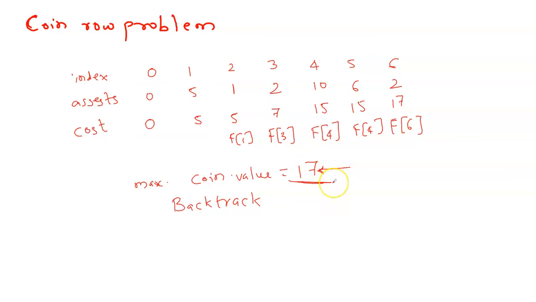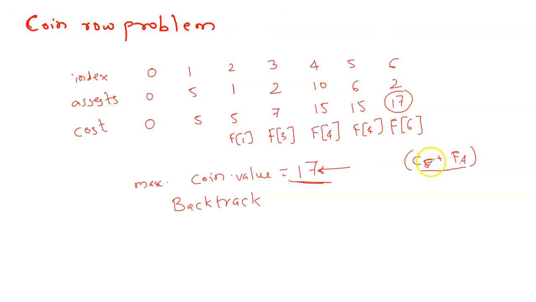Okay, right. So now let us see here. How to backtrace? You can see here, this 17 we got it from, sorry, the cost of the sixth coin, that is C6 plus F4. So we got this 17 value from this. It indicates that once we added C6 and F4, then we got the new value.